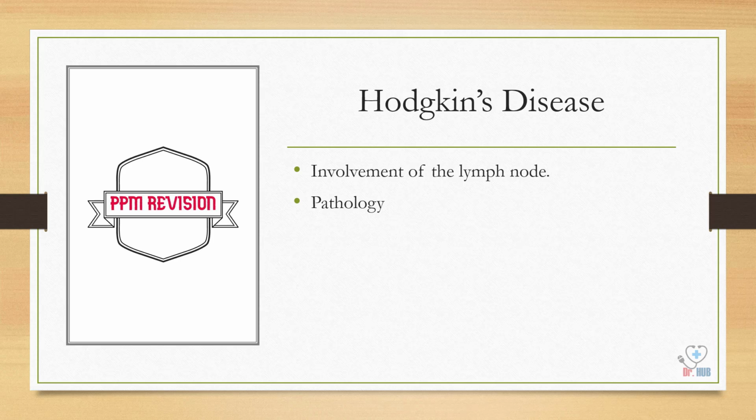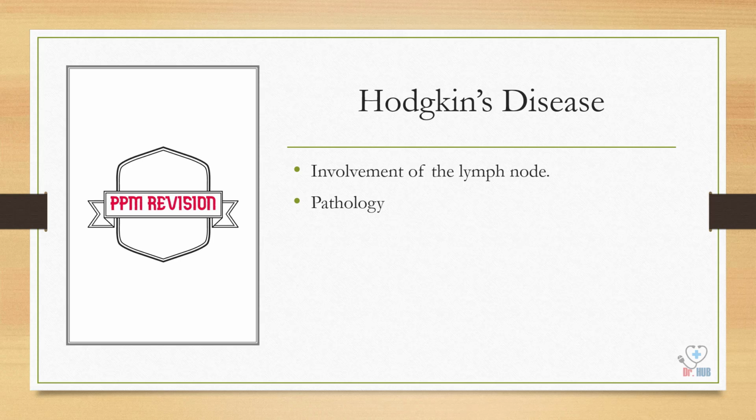A refers to the absence of constitutional symptoms, and B refers to the presence of constitutional symptoms, that is fever, night sweats and unexplained weight loss. The code E is used for extranodal involvement, and S is for splenomegaly. I repeat, S is for splenomegaly and E is for extranodal involvement.